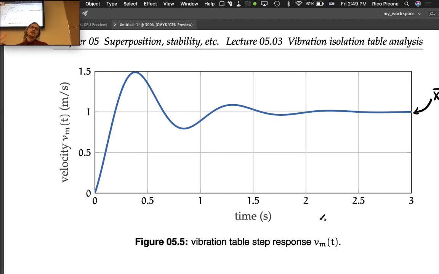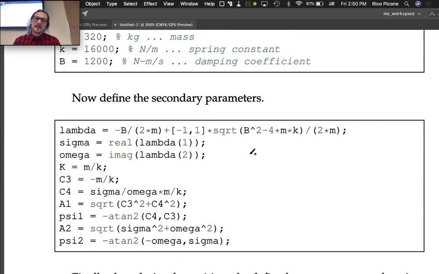What I wanted to do is put in a sinusoidal input to it, because that would have been more interesting to see in terms of the vibration analysis. If you had vibrations coming through the floor, they would look sinusoidal, right? Not like a step. And if they looked sinusoidal, let's think about what would be different.